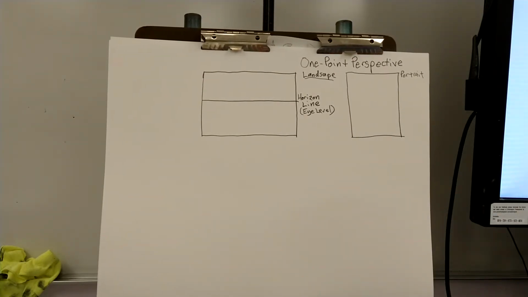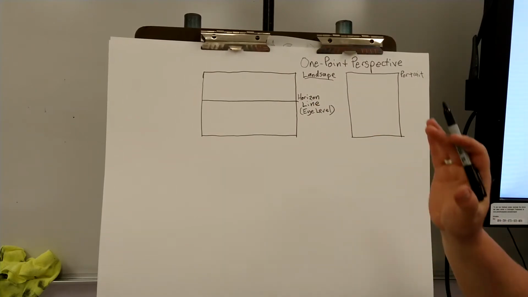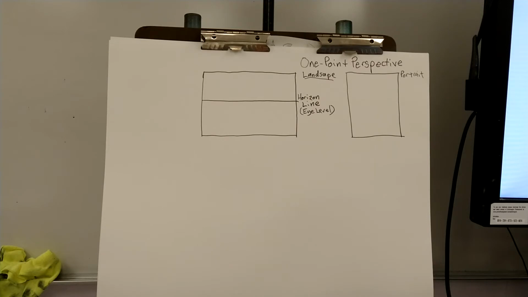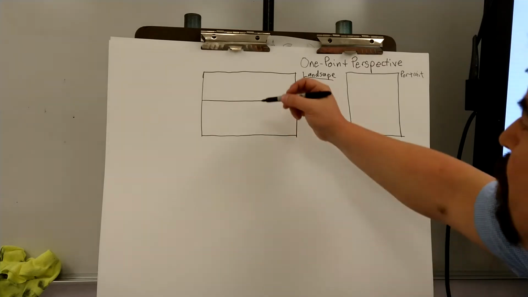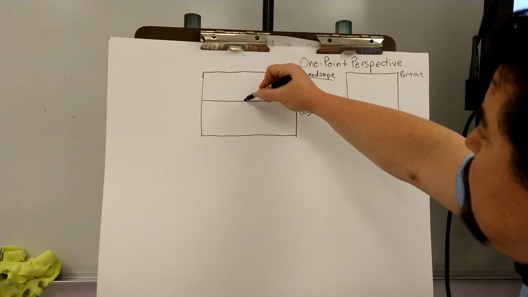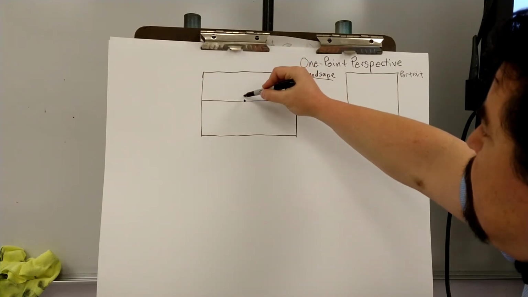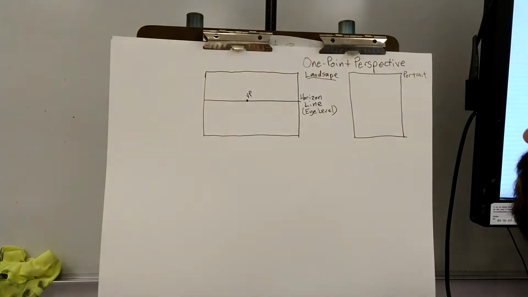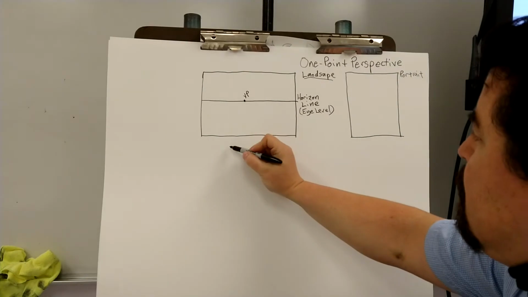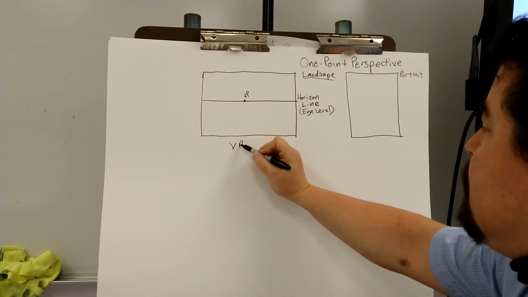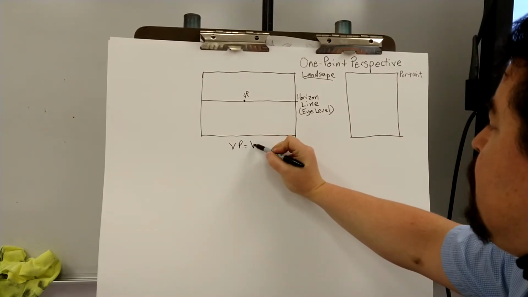Now, on the horizon, you're going to have things that eventually will disappear in the distance. That point where it disappears is called the vanishing point. I'm going to put a little VP there. So the VP means vanishing point.